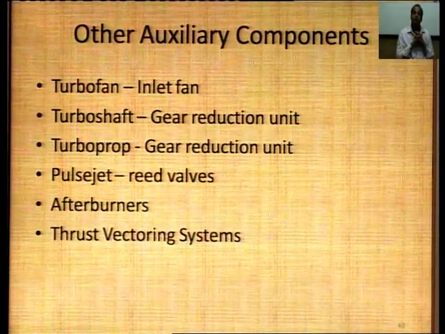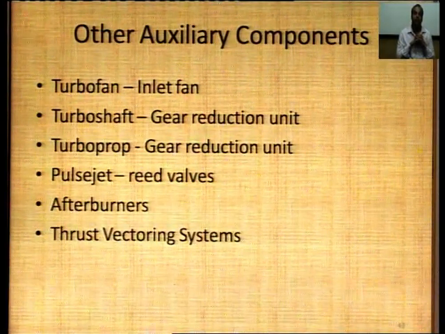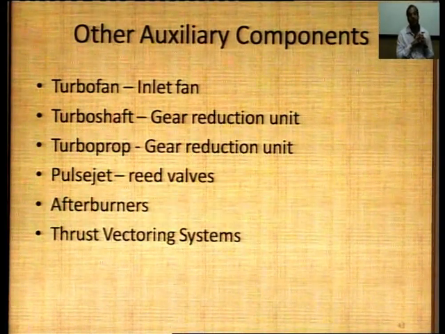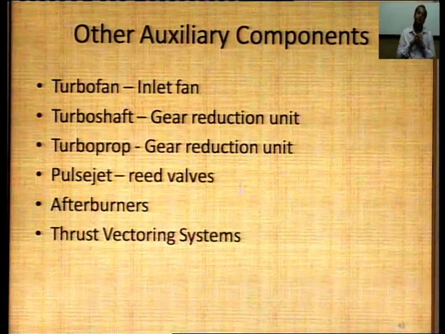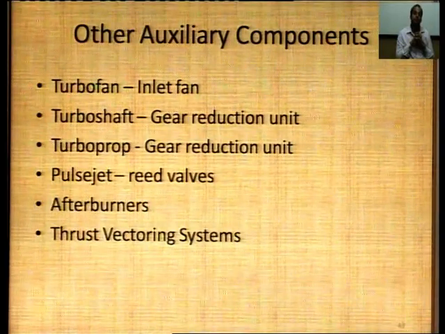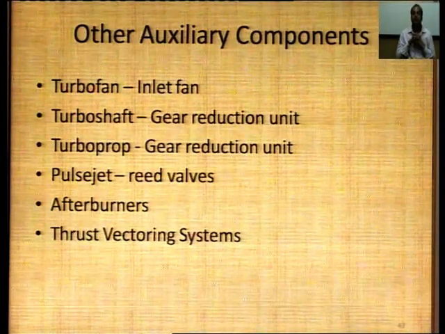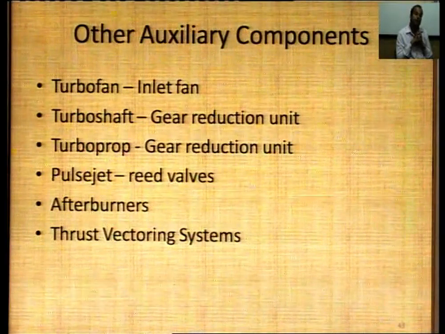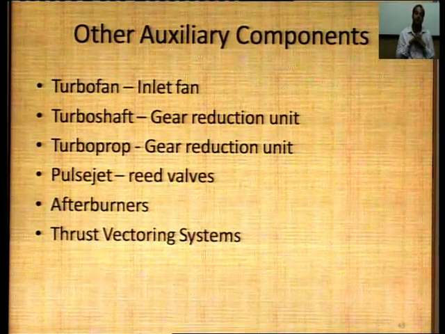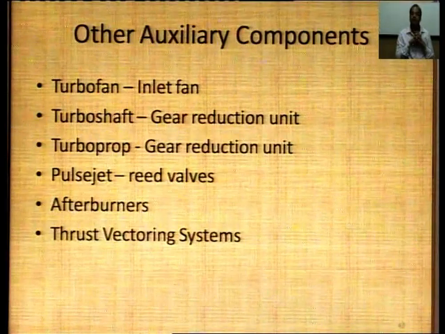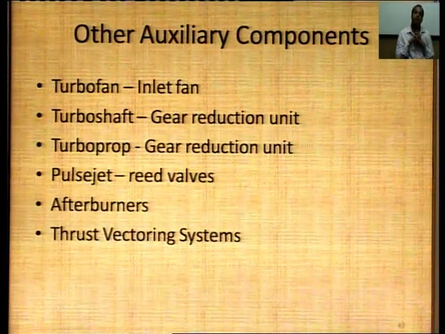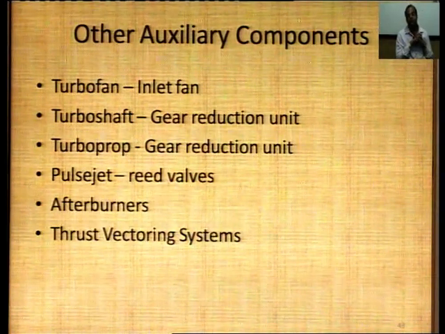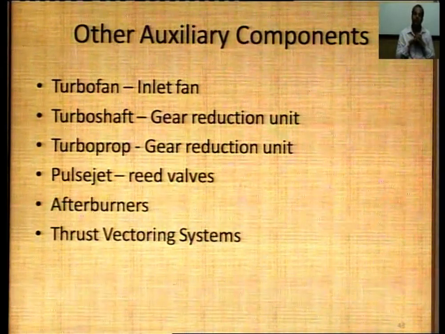Other auxiliary components are the turbofan, which is also known as inlet fan, turboshaft with gear reduction unit, turbopropeller gear reduction unit, pulse jet with reed valve, and afterburner thrust vectoring system. These are also auxiliary components which are used in different jet propulsion engines.